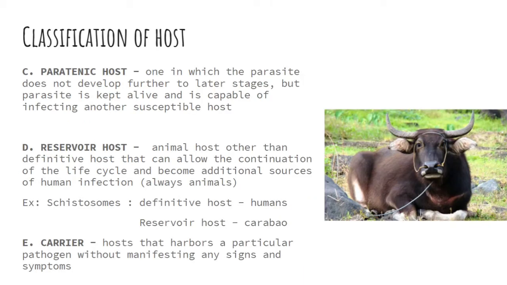Also, we also have a different classification pa ng ating host aside sa definitive tsaka sa intermediate. We have the paratenic host in which the parasite does not develop further to later stages, but the parasite is kept alive and is capable of infecting other susceptible hosts. So basically, when we say that certain host is paratenic, it can harbor the parasite inside of them. Okay? However, the development of the life stages does not occur. So, hanggang ditong stage lang siya, hanggat nandito siya sa loob ng paratenic host. However, the parasite does not die.